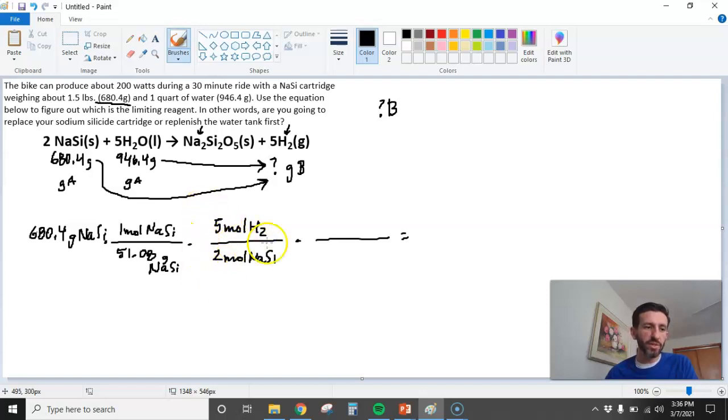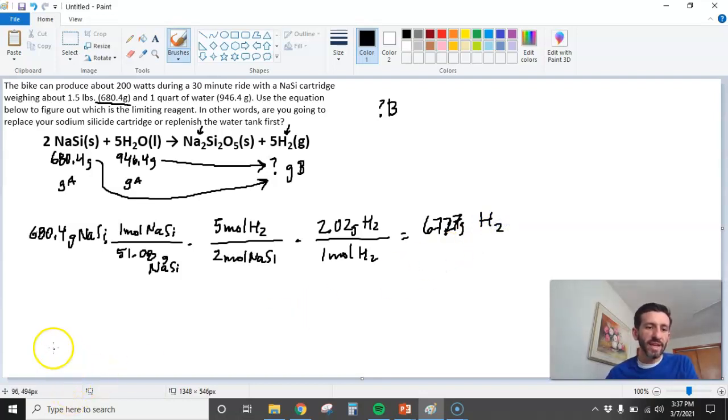And this is from the equation. And then 1 mole of hydrogen gas to 2.02 grams of hydrogen gas. When I do this math, the cartridge will make 67.27 grams of hydrogen gas.